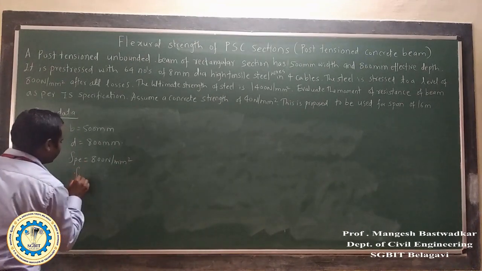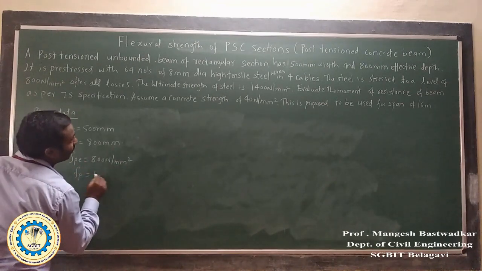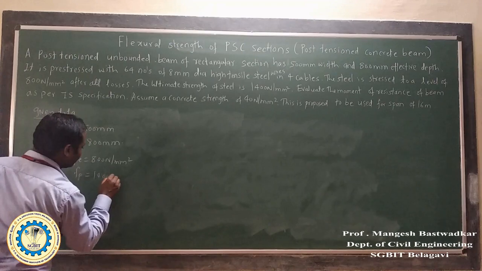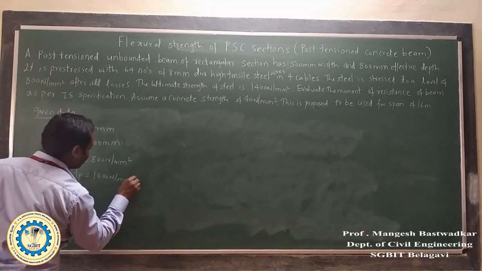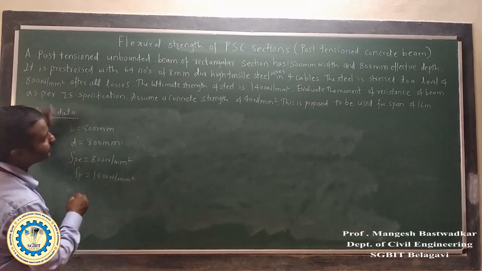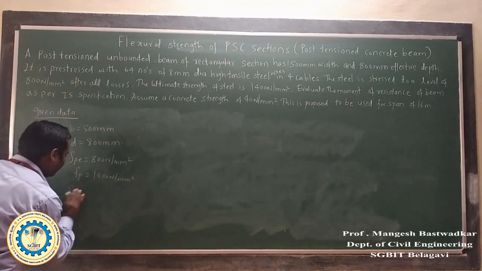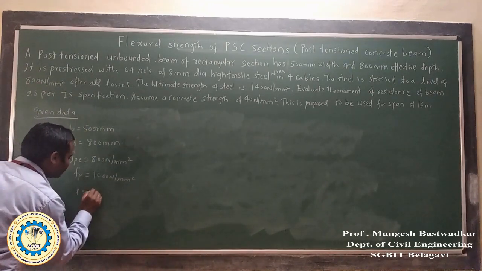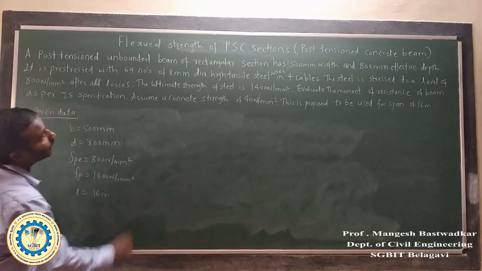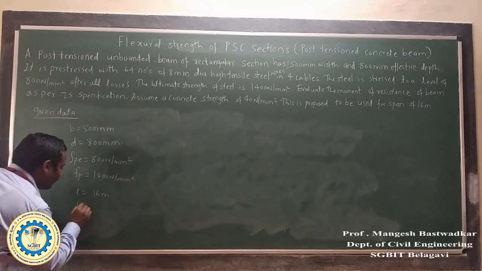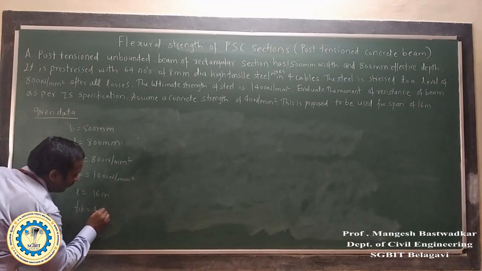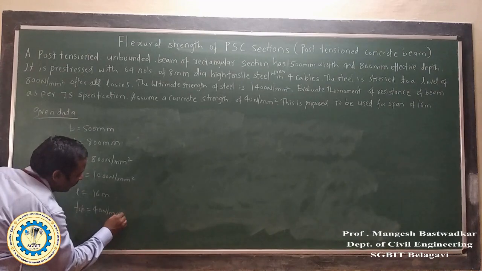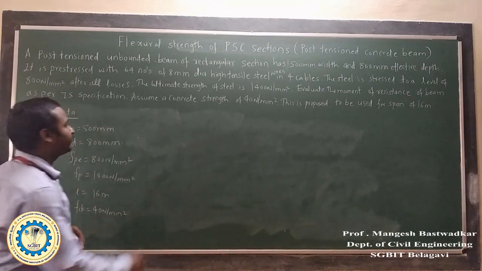Then FP is given, it is 1400 Newton per mm square. Then span is given L, we can write here 16 meter. Then FCK is given, this is 40 Newton per mm square. Okay, we'll solve now.